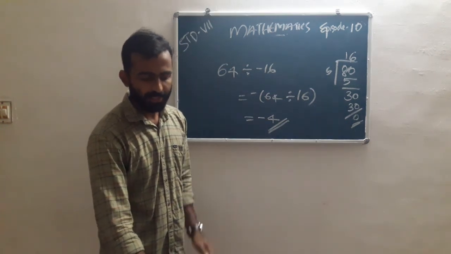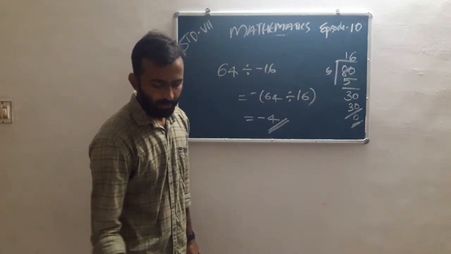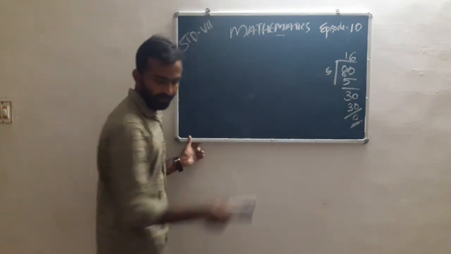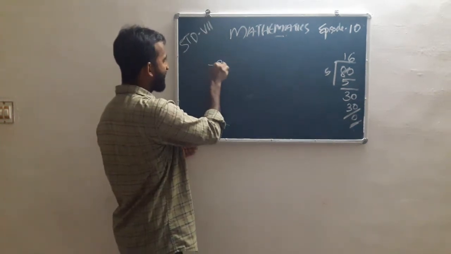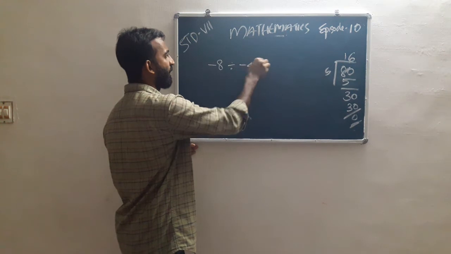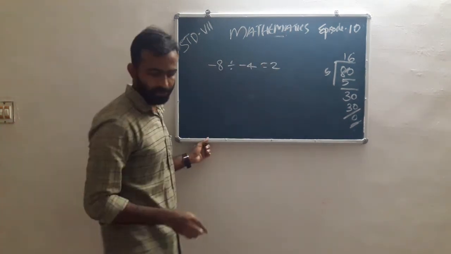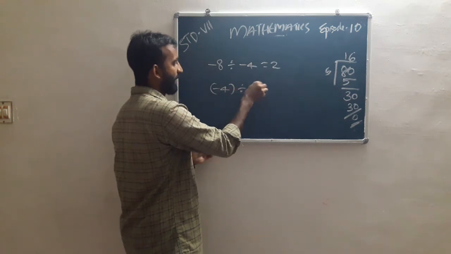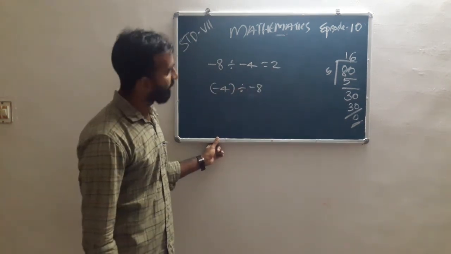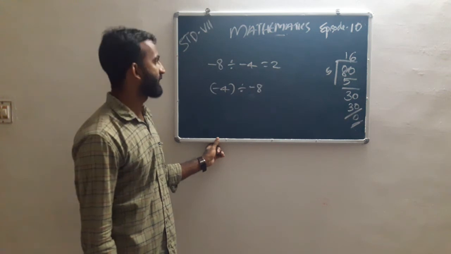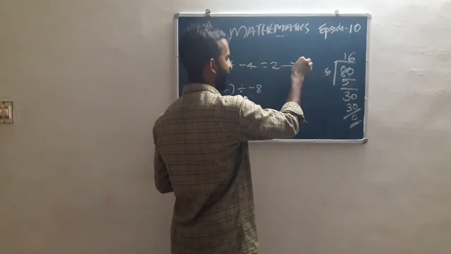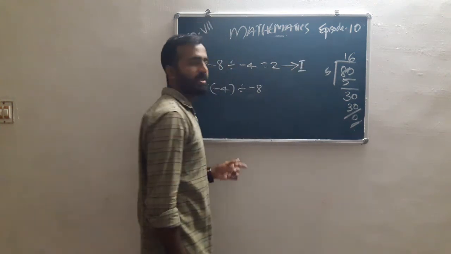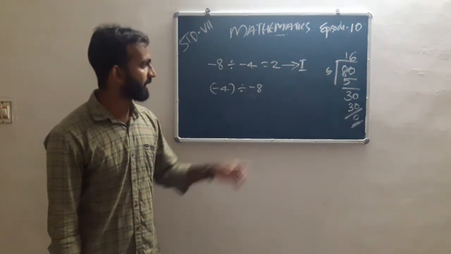Next is some properties. Negative 8 divided by negative 4, we get 2. And negative 4 divided by negative 8, what is the answer? The first result is an integer.